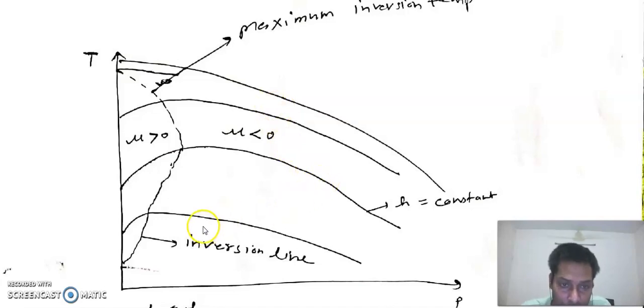If you observe these constant enthalpy lines, they follow a pattern in such a manner that the line initially goes up, goes to a maximum level and then declines. Here again the slope increases, then here it goes to a maximum level and then starts to decline.